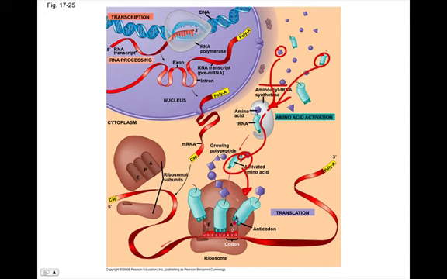And then once this is loaded in the acceptor site, the mRNA moves over one position, and now this moves over to the P site. And the P site moves over to the E site. The E site is where the tRNA leaves, and it goes back into this pool to have another amino acid added and go through this cycling process again.